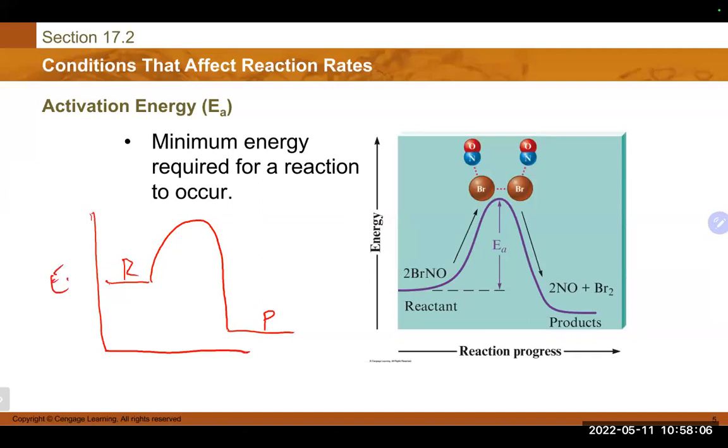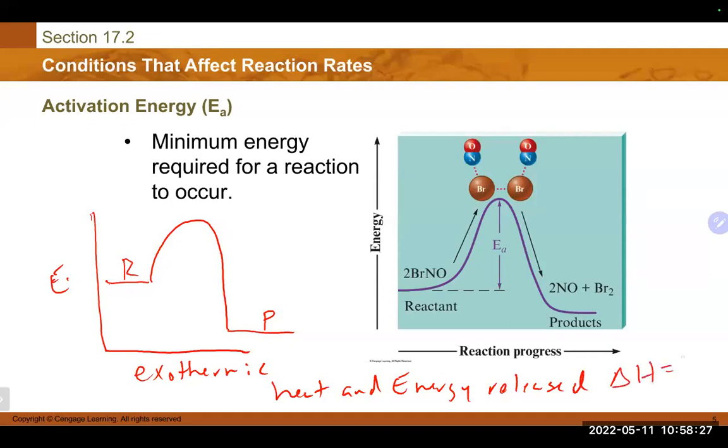When our reactants are higher in energy than our products, this is an exothermic reaction, which means heat and energy is released. As we talked about in the energy chapter, that means our delta H would be negative for this reaction. A negative delta H value means exothermic.